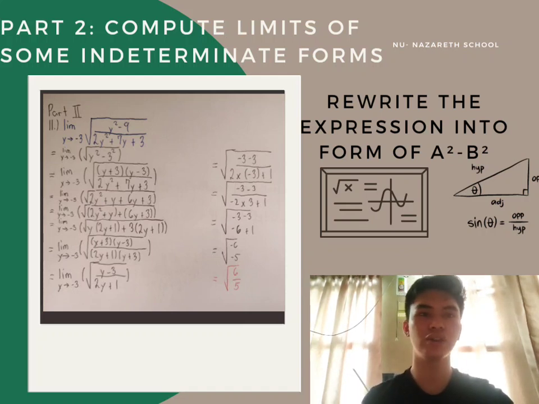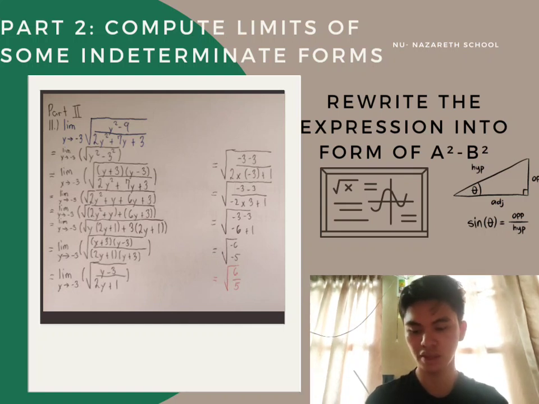And I crossed out the common factor and substituted. Limit of y approaches negative 3, I cancel y plus 3, and I left y negative 3 and 2y plus 1.